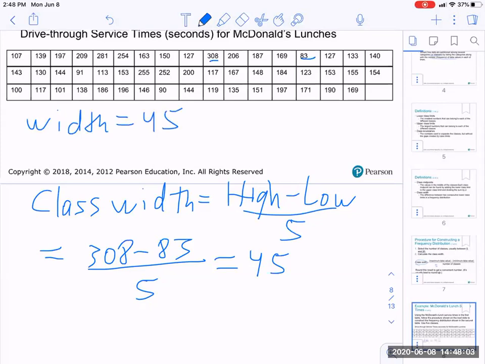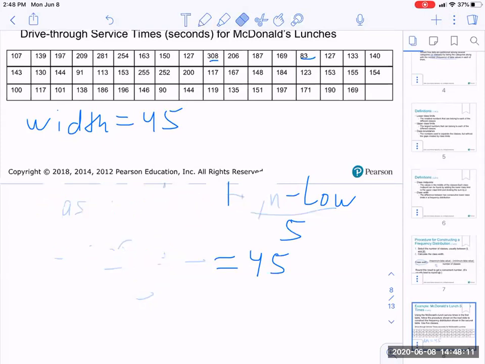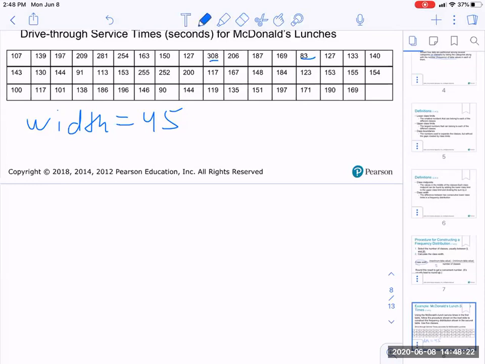Okay, so I'm going to start to build a frequency table. I'm going to start with the lowest data point, which in this case was 83. And now my next class is going to be 45 more than this, which is 128.